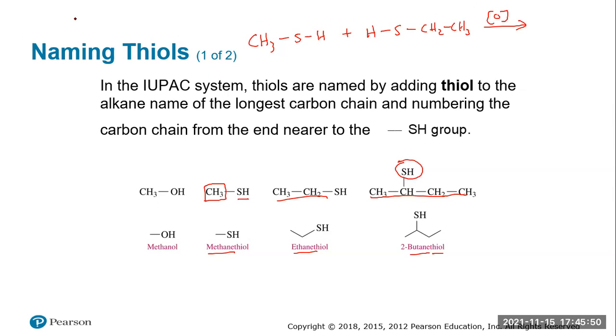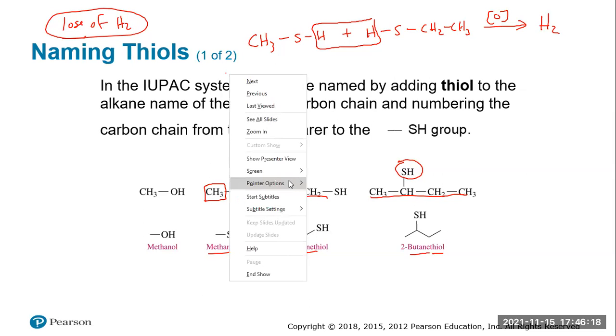The oxidation here is the loss of H2. Remember, that is one definition of oxidation. The loss of H2 comes from a hydrogen from each of the thiols. The hydrogens attached to the sulfur on each thiol come off, and that gives us H2.